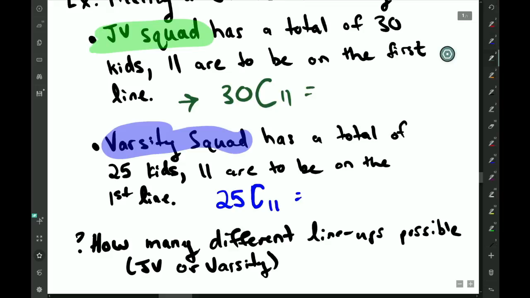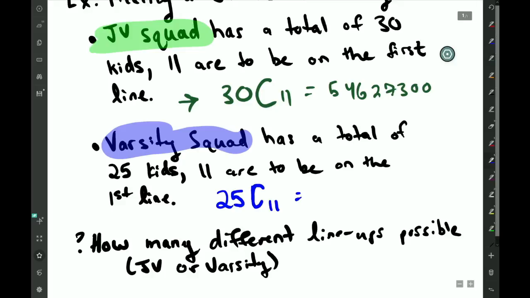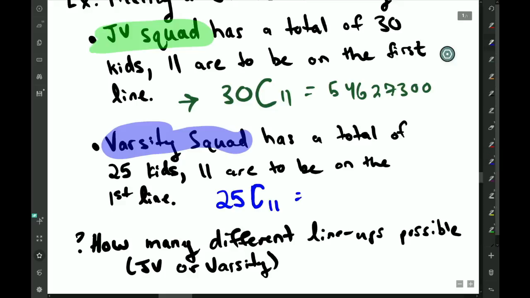So the ways the JV squad can be selected is 54,627,300. And the number of ways the varsity squad can be selected is 4,457,400.